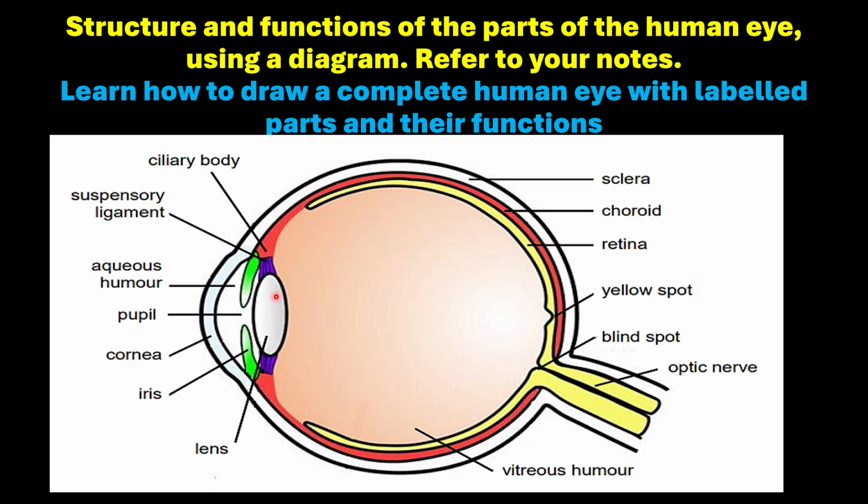We have the lens, which is connected to the suspensory ligament, and the suspensory ligament is connected to the ciliary body or the ciliary muscle. Now, just in front of the lens is a circular structure called the iris.